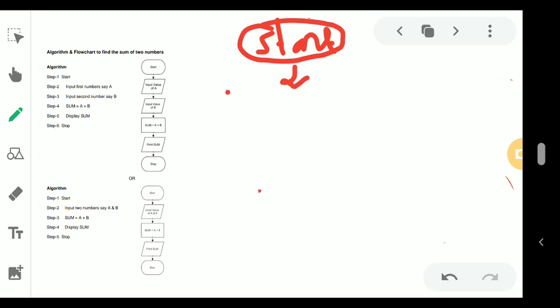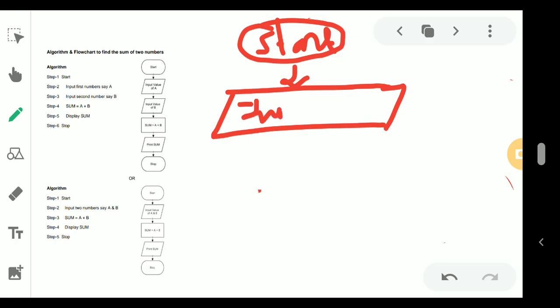Start, from there would be a parallelogram, input A comma B, or you can write input values of A comma B, both can be applicable.